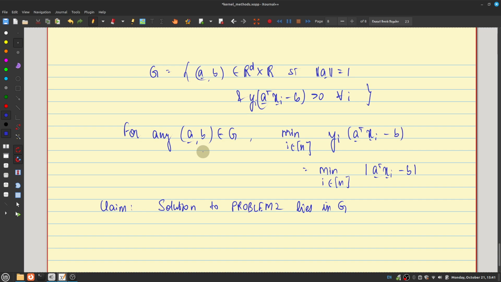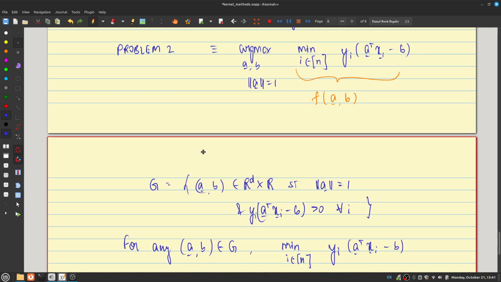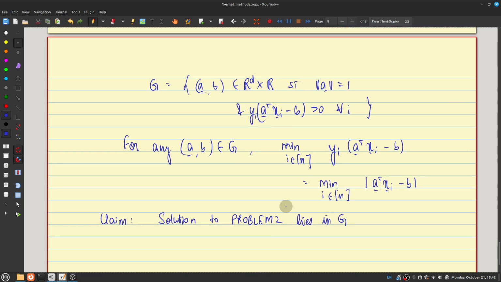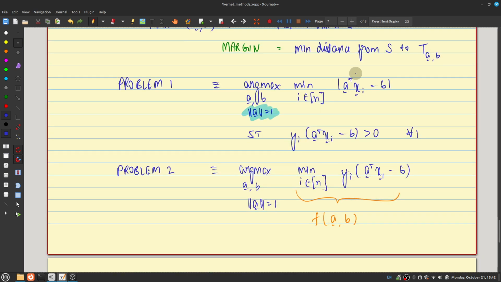There's at least one solution which achieves a positive value of the max-min. So instead of maximizing over all (a, b), I might as well just maximize over all (a, b) that achieve a positive value of f(a, b). And if I'm only maximizing over G, I just get back problem 1.